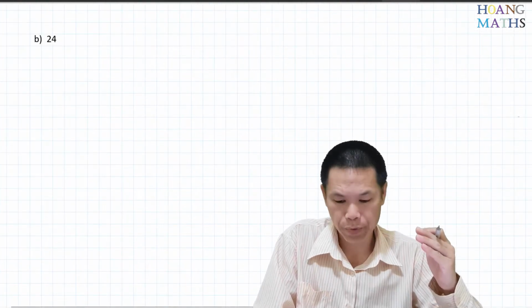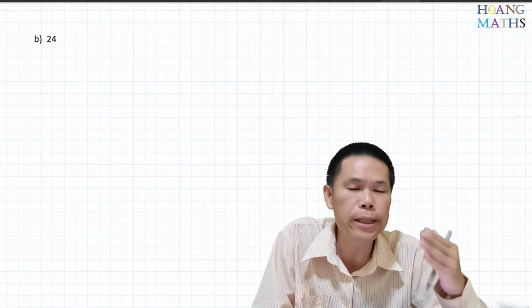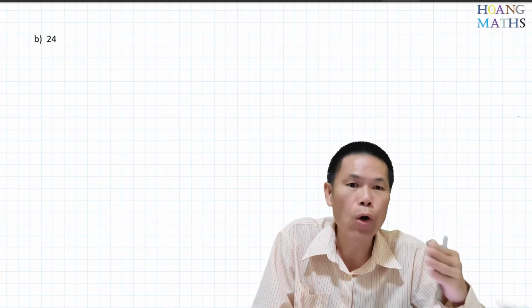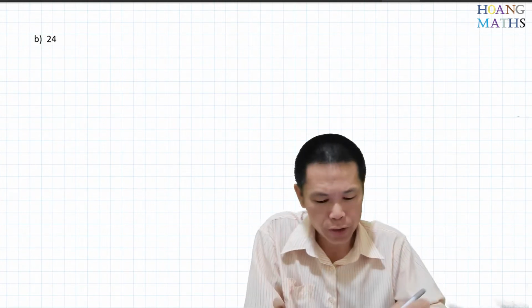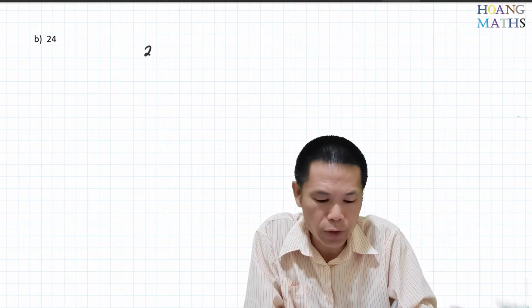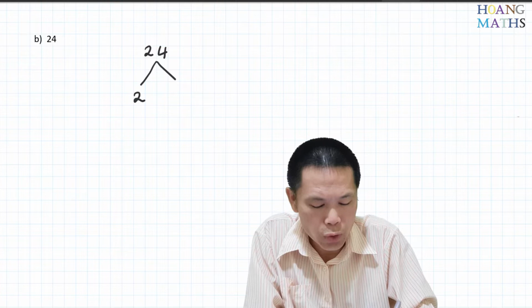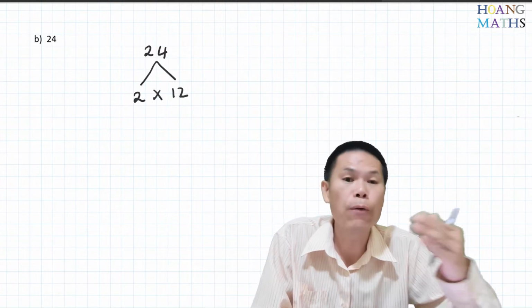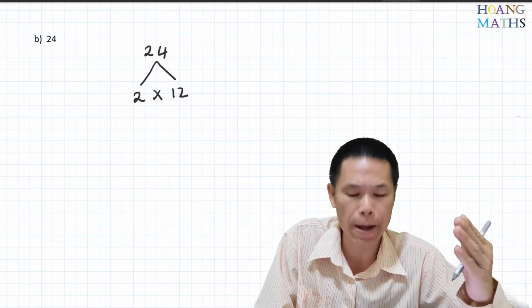Part B, 24 is a composite number because 24 is equal to 2 times 12, or 4 times 6, or 3 times 8, right? So to draw a factor tree for this, I go 24 is 2 times 12. Of course, you can write 6 times 4 or 3 times 8, it doesn't really matter.